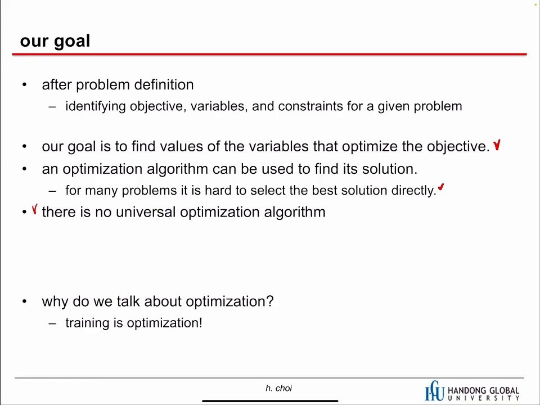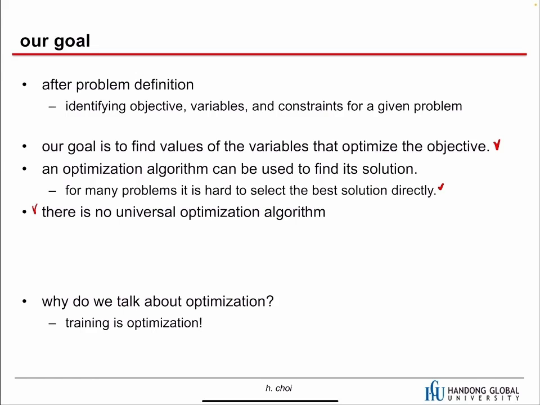Sometimes SGD is the best, sometimes Adam, sometimes RMSprop, we don't know. You have to try many optimizers at the beginning of your experiments. Once you know which optimizer is better than the others for your problem, you can use that optimizer to train your networks in your experiments.